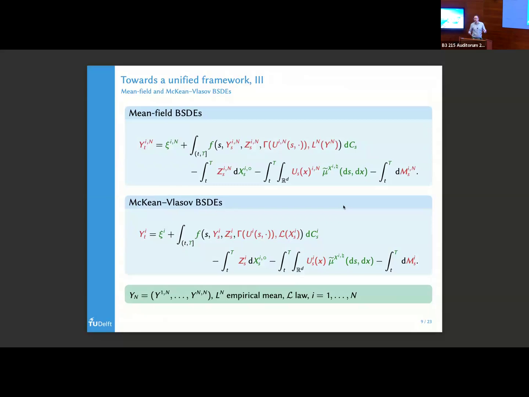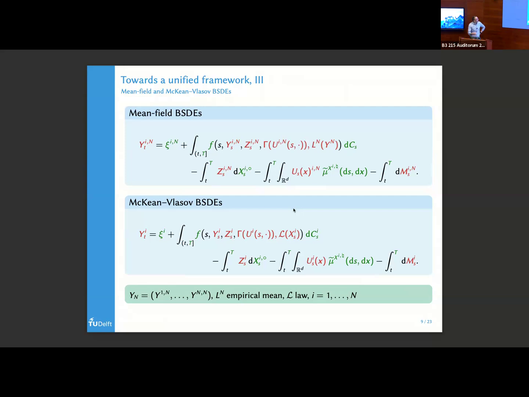Okay, and again, if we go back, in order to prove this propagation of chaos, what you would like to do is estimate the difference between this equation and this equation here. And the first thing to notice is they are not defined on the same filtration, right? The mean field equation is defined on a filtration which is obviously larger since it involves all the martingales and all the particles.